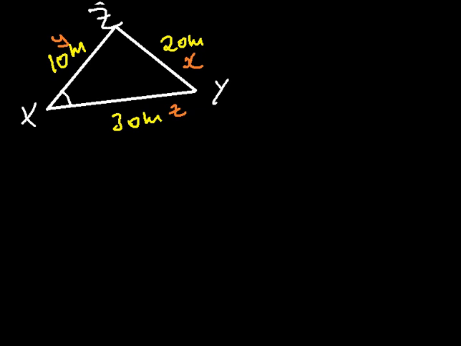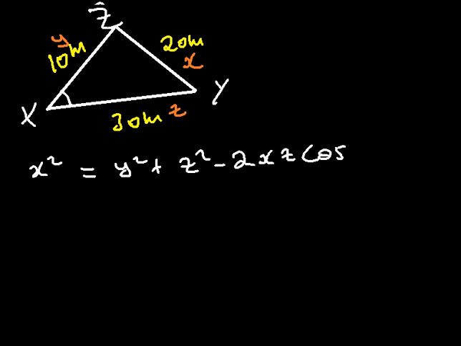Since we are looking for the value of the angle X using the cosine law, we'll have to express the cosine law where X is the subject. So we'll have X squared equal to Y squared plus Z squared minus 2YZ times the cosine of angle X. Now what is X?